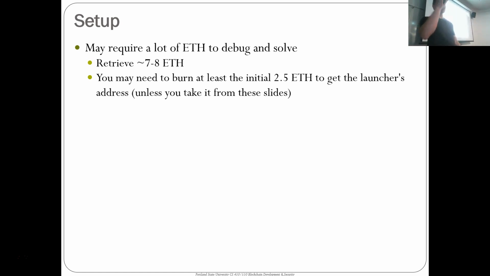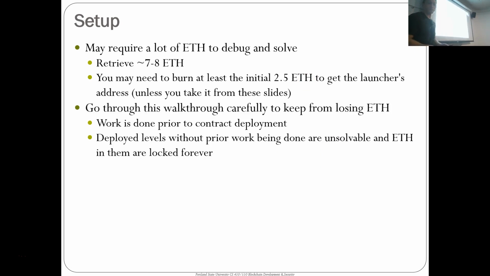But if you make a bunch of mistakes, like I make a bunch of mistakes, this thing took me a lot of ether to solve. So don't feel bad if you're continually bricking your contract and then having to go to the faucet over and over again, because that was basically me. So you need at least to burn the initial 2.5. Well, you might need to burn the initial 2.5. Actually, I think I have it set up so that you won't, but okay.